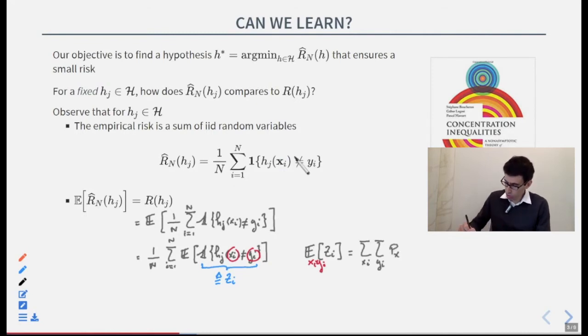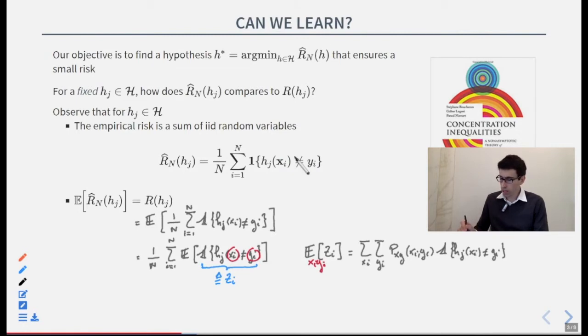And so the joint distribution that matters here is pxy of xi, yi. And then I have to apply the indicator function, hj of xi not equal to yi. So once you realize that, if you look at this expression in the i's, it's not too hard to see that the index i plays absolutely no role.